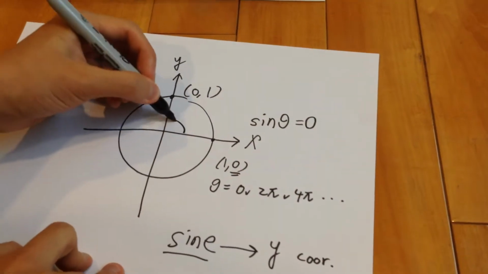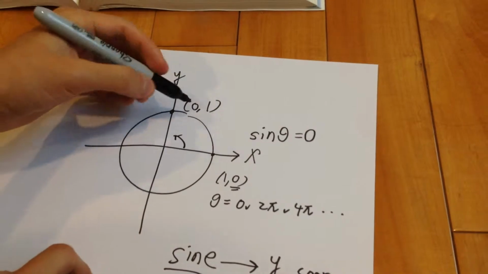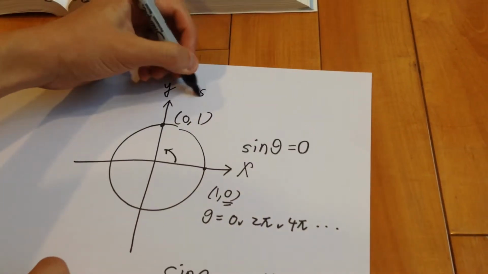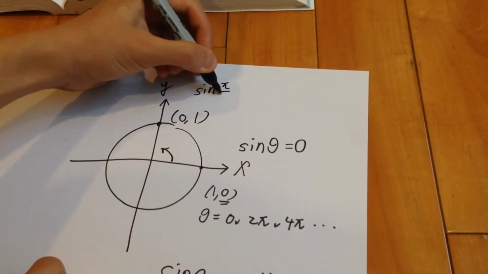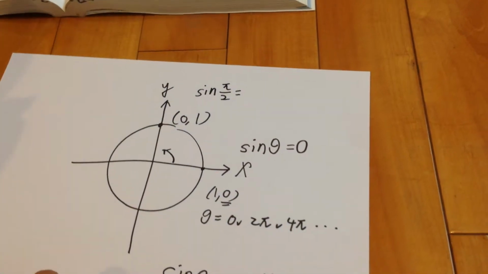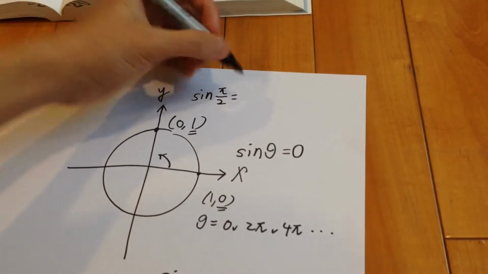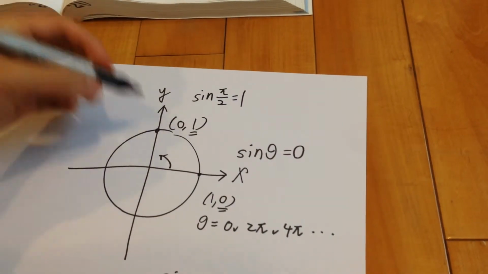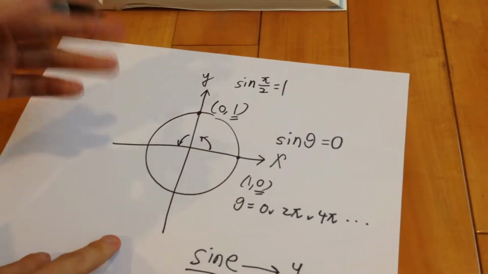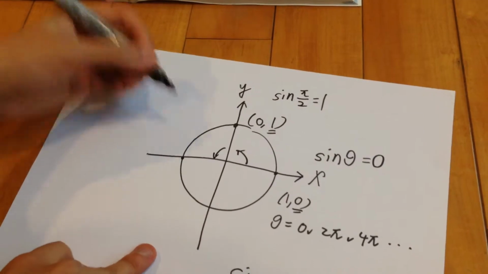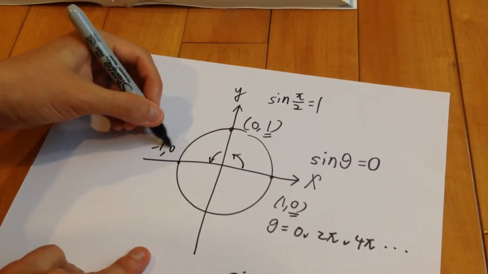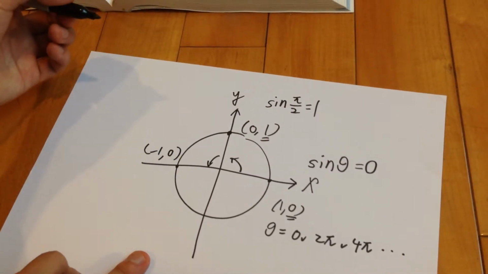Nice. So moving on to this point here, 90 degrees, or pi over 2. So what is sine pi over 2? 1. Yes, the y-axis. You're learning. Nice. So moving another pi over 2, we come to this point, which is negative 1, 0.